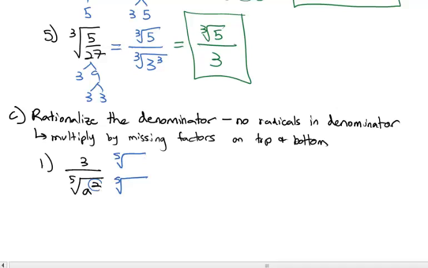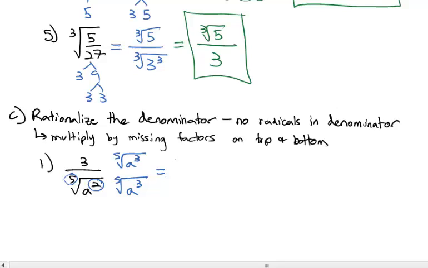Notice our factor is a squared. We already have 2 a's, but we have a 5th root. To get rid of that 5th root, we need a total of 5 things. 5 a's. We already have 2 of them, so we need 3 more of these a's in both the numerator and denominator.